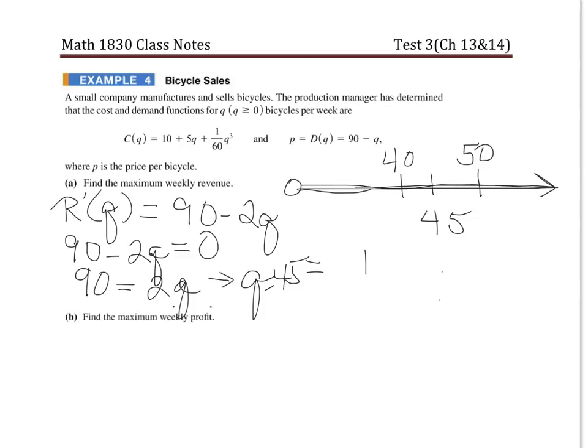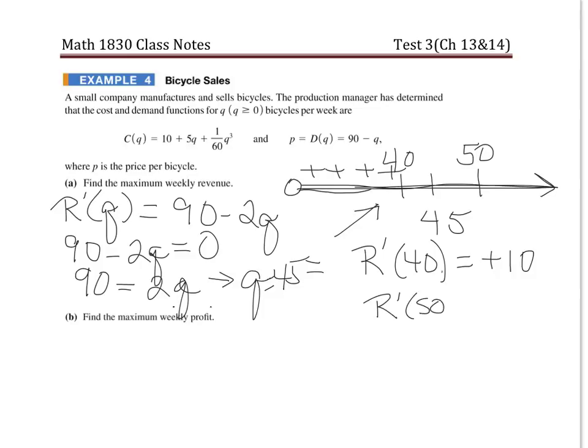And R prime of 40, and you can verify this on your calculator, actually turns out to be positive 10. So on this side, your derivative is positive, positive, positive, positive, which means your function is in fact going up. And then R prime of 50 turns out to be negative.